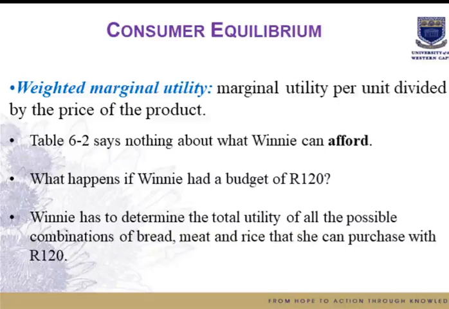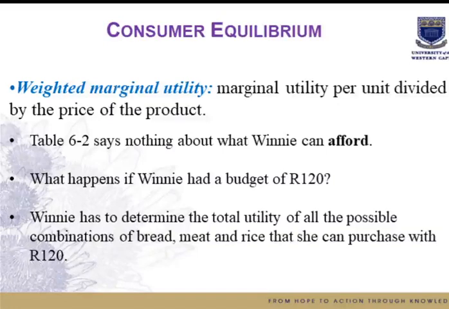Suppose Winnie has a weekly budget of 120 Rand available to spend on buying the three goods. Which combination of goods should she purchase? To determine the combination that gives her maximum total utility whilst spending all her income, Winnie has to first determine the total utility of all possible combinations of the three goods that she can purchase with the 120 Rand.